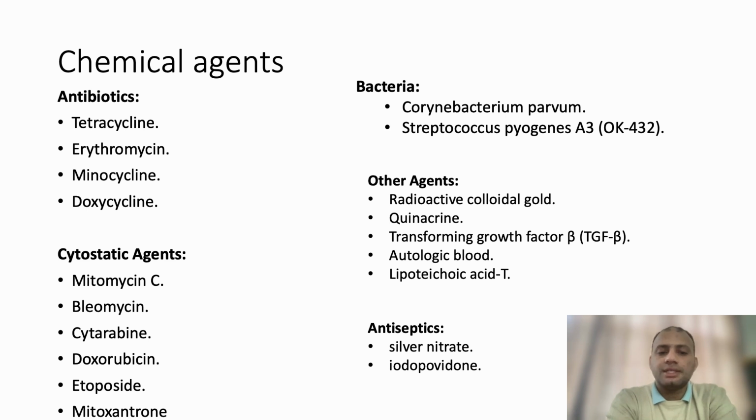Other agents like radioactive colloidal gold, quinacrine, transforming growth factor, even autologous blood and lipoteichoic acid are also being used. And antiseptics like silver nitrate and iodopovidone are used, which are cheaper and give equivalent results of pleurodesis.